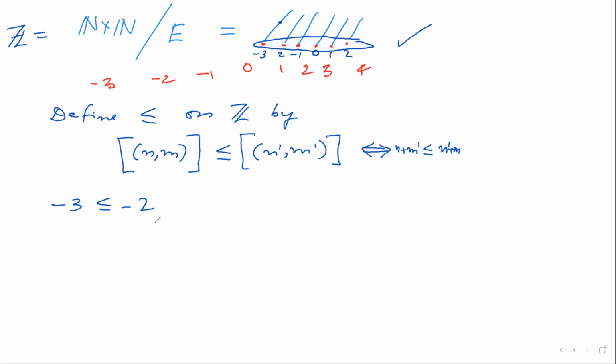Okay. Sai, give me. Sir, 1, 4. Say that again. Sir, 1, 4. 1, 4 is a representative. Therefore, this class will be the set of numbers like this. Agreed? Any one of them from there.